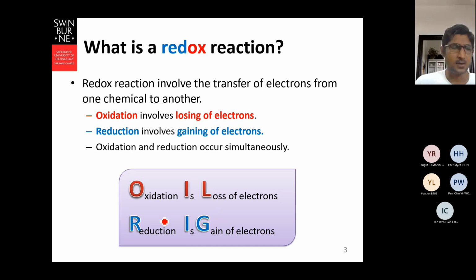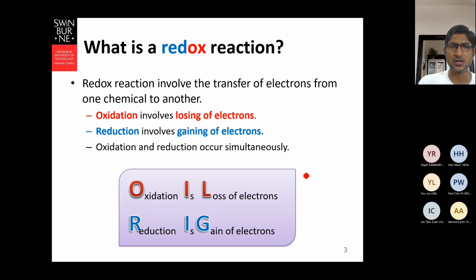So OIL RIG. Oxidation is losing of electrons. If we just say oxidation is losing, what is being lost? What else can be lost in a chemical reaction? Of course, an electron. So oxidation is losing of electrons, and reduction is gaining electrons.